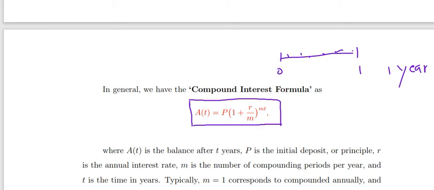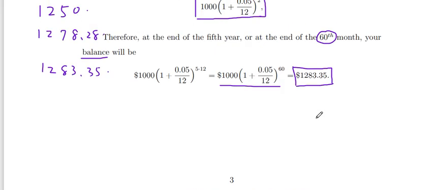So this m is how many times we cut 1 year. So for t years, we will calculate or cut it m times t, right? So if m equals 12, then for 5 years, this m times t, the t is 5. And this time t is usually in years.